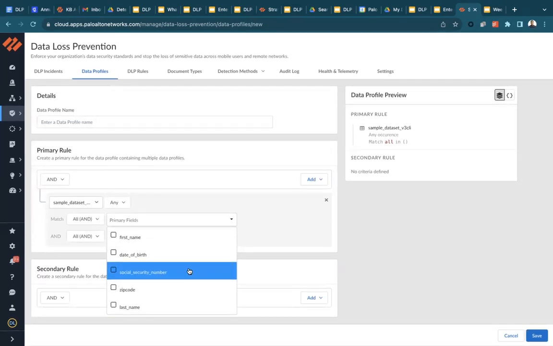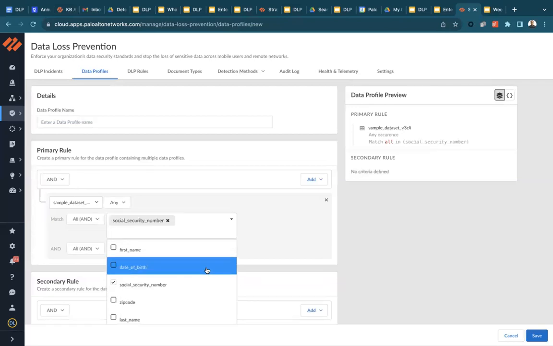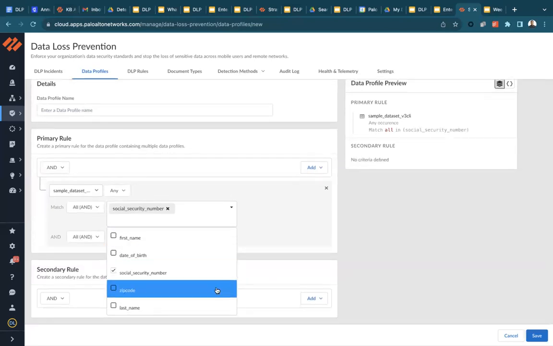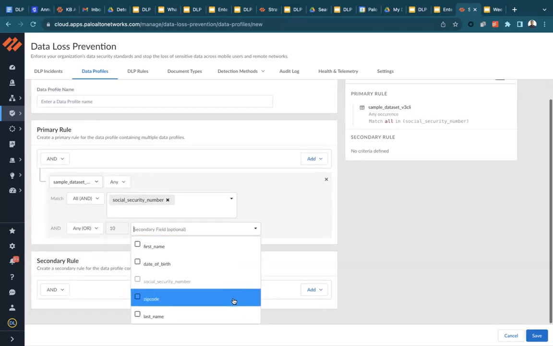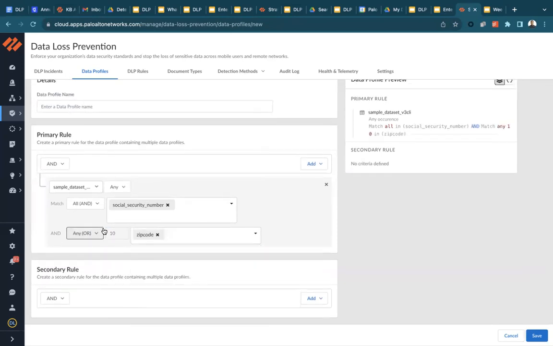So let's say these are social security numbers of your employees, or zip code, any of these you could totally use. Let's just say zip code is relatively less sensitive, so I would probably use something like more than 10 when it comes to that. And I'm using an OR combination here.